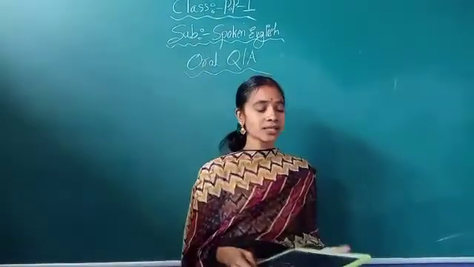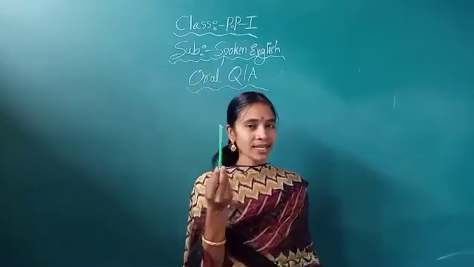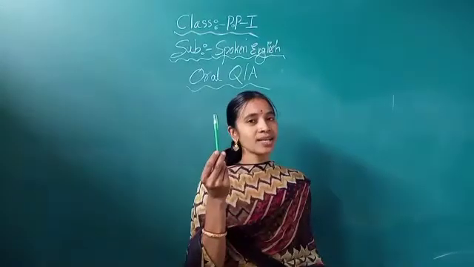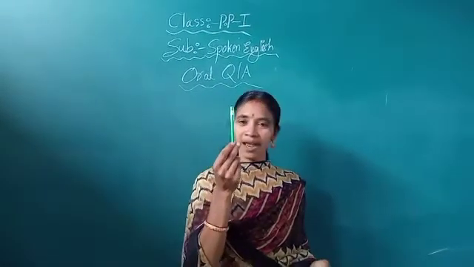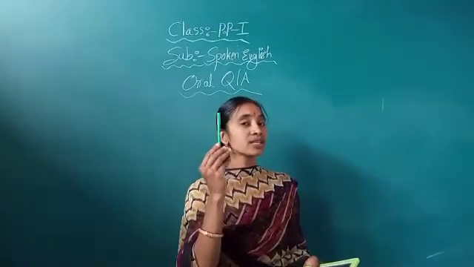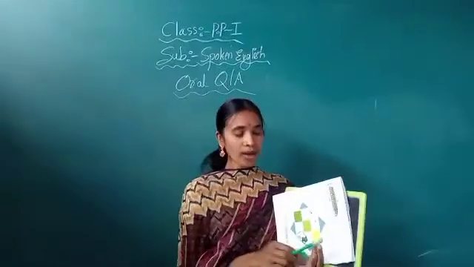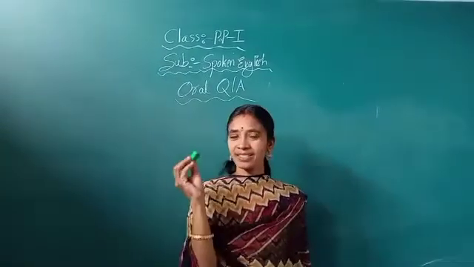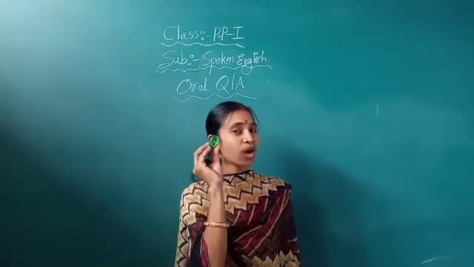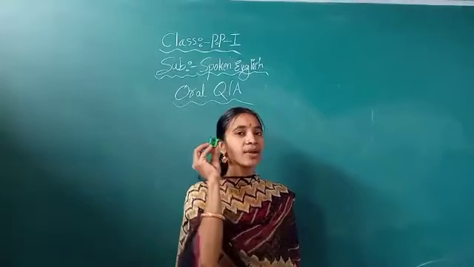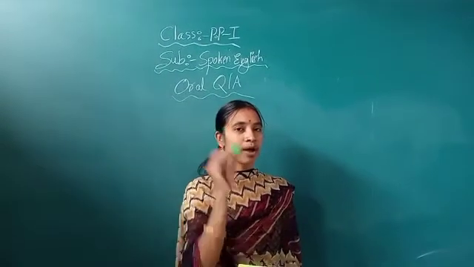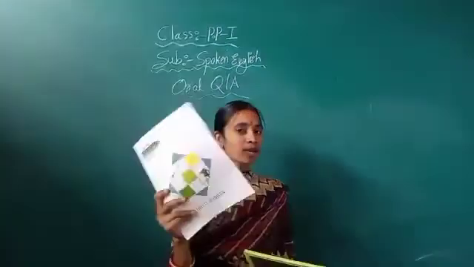Once again, I will ask these questions. What is this? Come on, say. This is a pen. Come on, say, children. What next? What is this? This is a sharpener. What next? What is this?